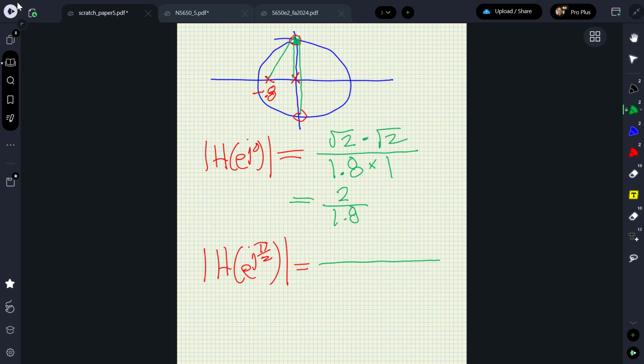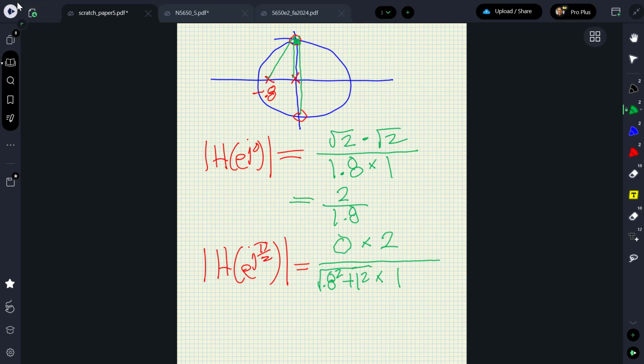If I pulled the zeros in from the unit circle, then it would be a little bit more exciting, but still, let's write down what the magnitude numbers are. So in the numerator, we have a 0, since we're sitting right at it, and then we have a 2 for the 0 that's across the way. And then in the denominator, we've got the hypotenuse of a triangle that has a base of 0.8 and a height of 1, so that's going to be the square root of 0.8 squared plus 1 squared, and then the pole at z equals 0 will just be magnitude of 1.